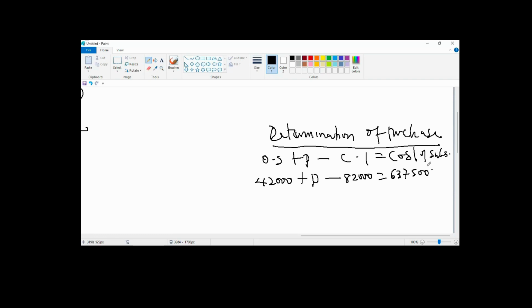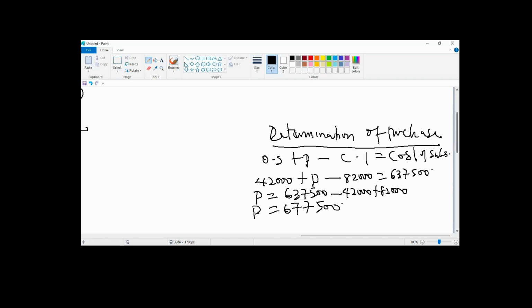So purchases equals 637,500 minus 42,000 plus 82,000. What is the purchases now? 677,500.